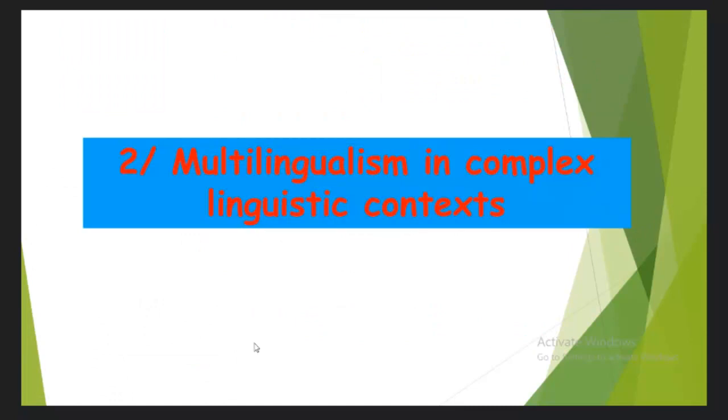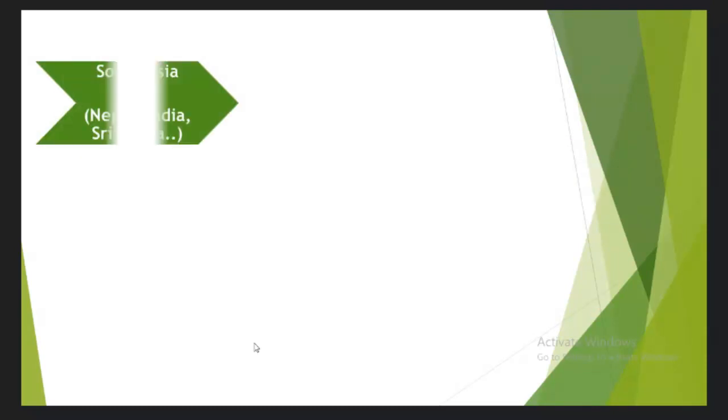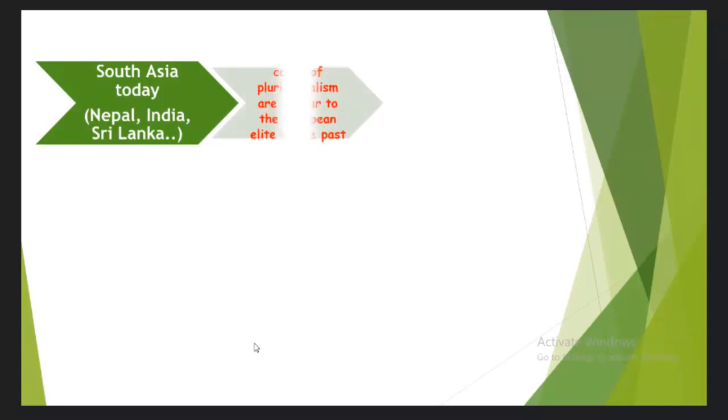And then the next one I want to mention here is multilingualism in complex linguistic contexts. For example, in some areas in South Asia today, such as Nepal, India, or Sri Lanka, there are some cases of plurilingualism that are similar to the European elite in the past.